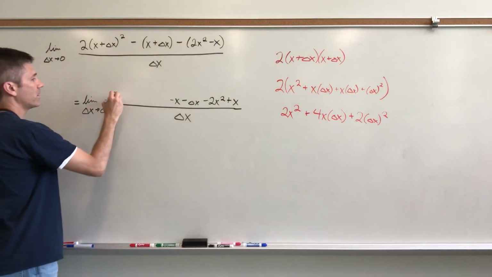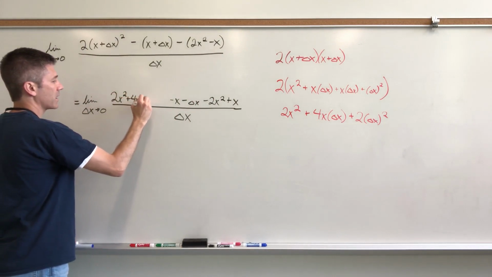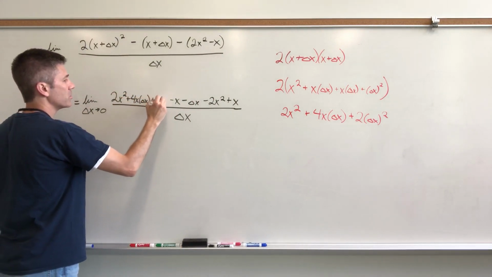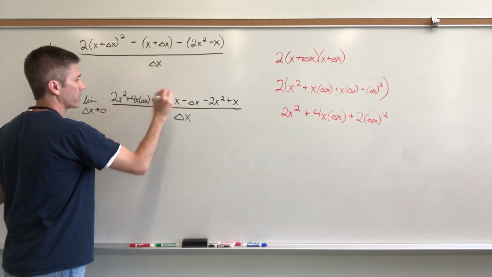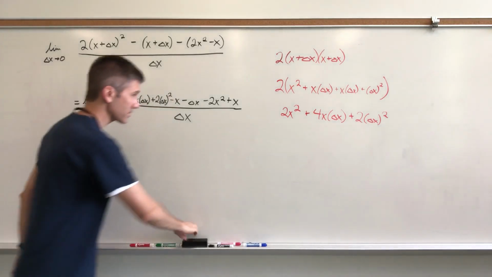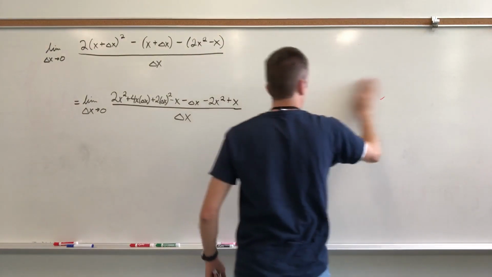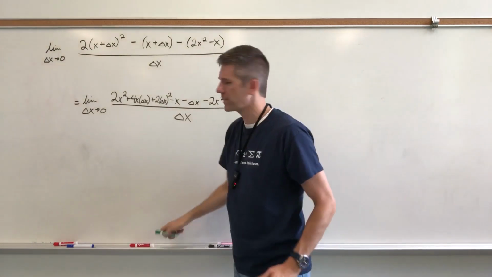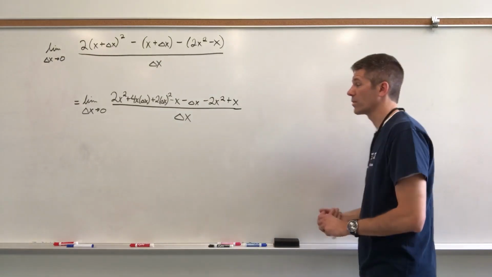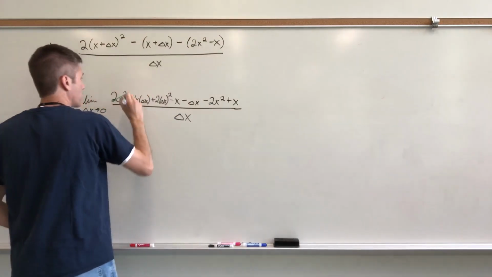I have 2x squared, 4x delta x, 2 delta x squared. And now we can start simplifying some things. There's a lot that's about to happen. So let's erase some stuff here. Let's grab a green marker and let's cancel some things out. There are some obvious things that'll cancel out, and one of those things is 2x squared minus 2x squared. Okay, they're gone.